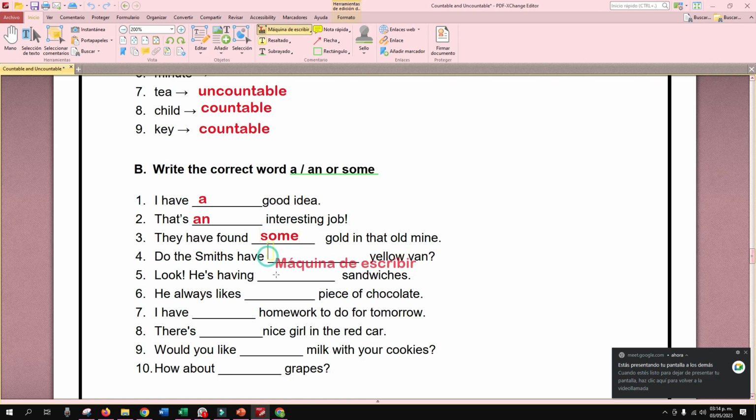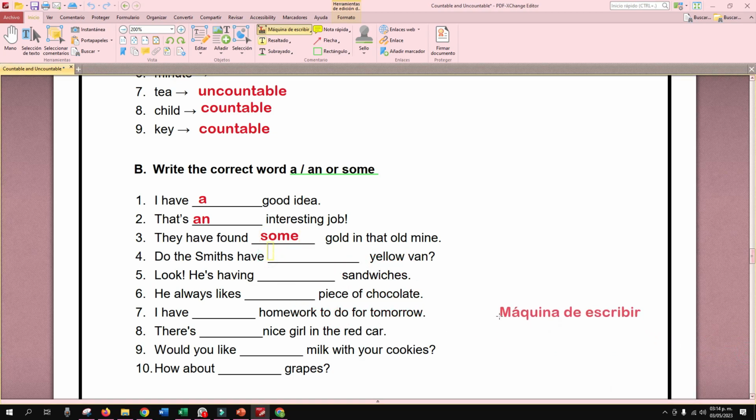Excellent. Number four. Do the Smiths have a yellow van? A yellow van, right? Look, he's having sandwiches. Do we need sandwiches? Some, right?